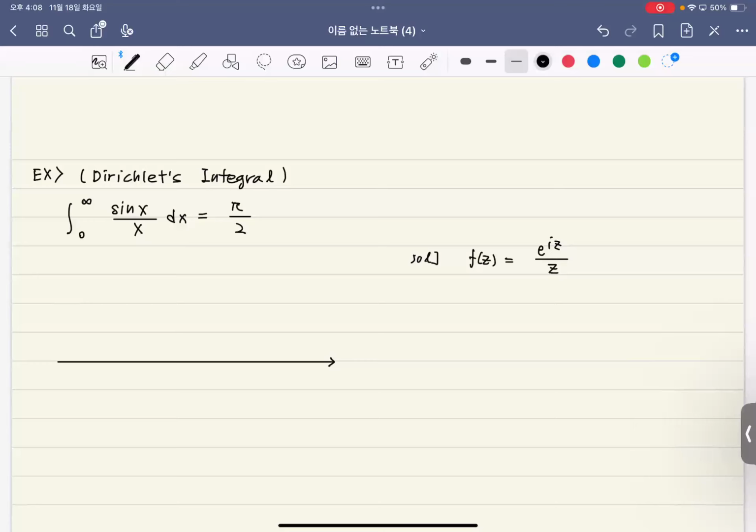Where is my singularity? There is only one singularity, which is a simple pole located at the origin, right? This is my singularity, and I want to consider this curve.